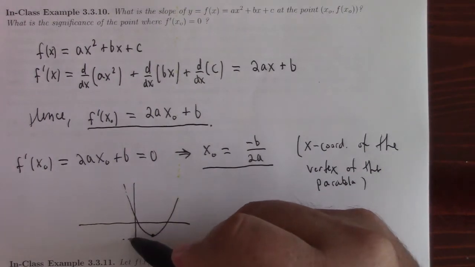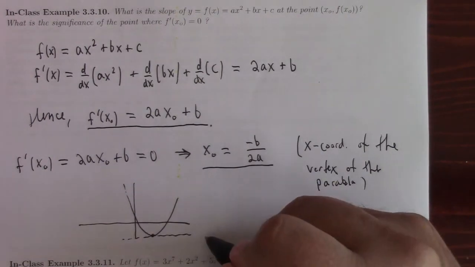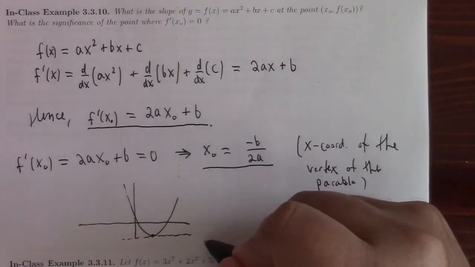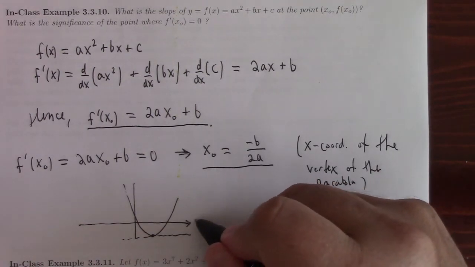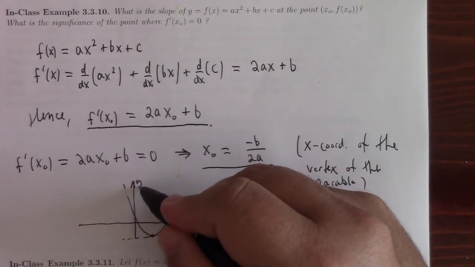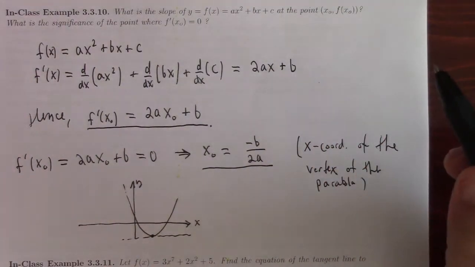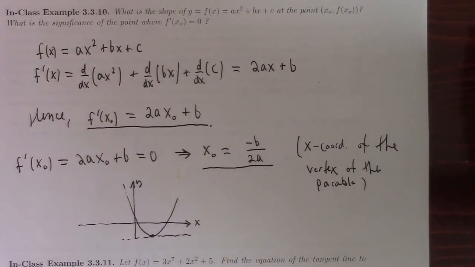That's going to be the place where you have slope 0.